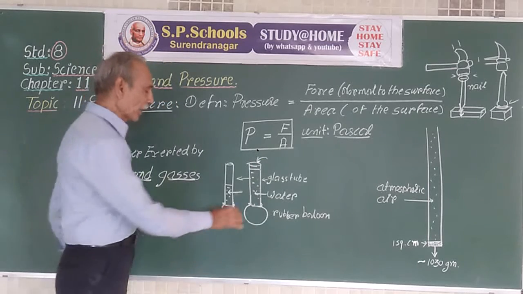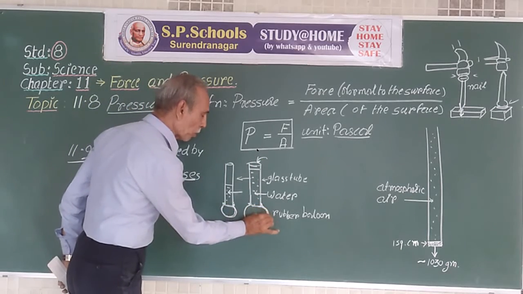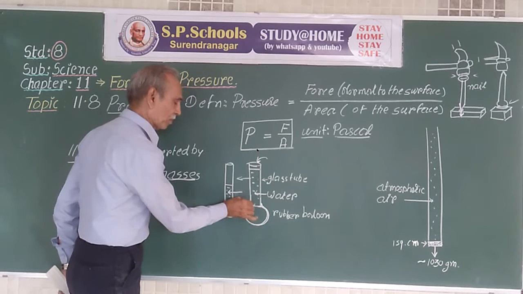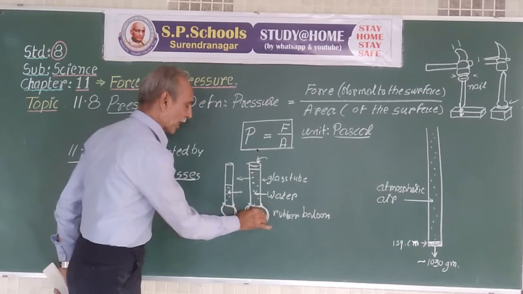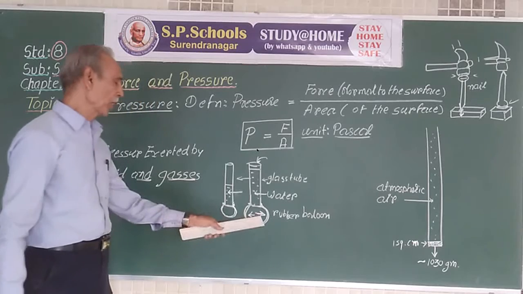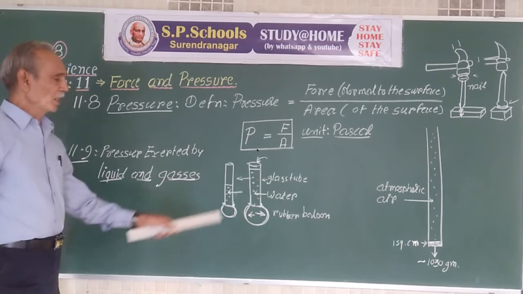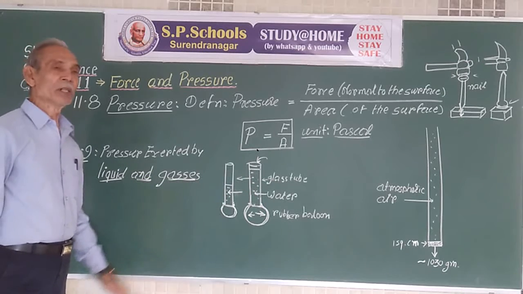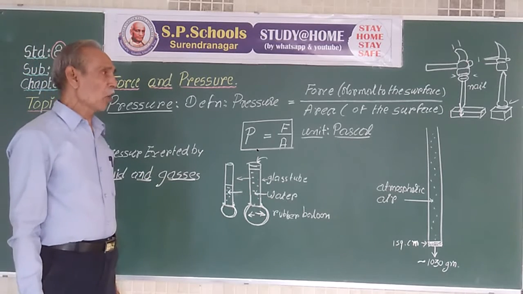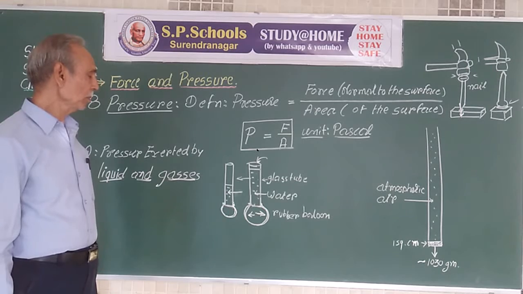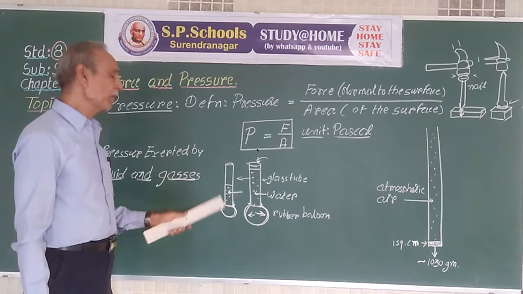You will find that the balloon bulges more because a larger pressure is exerted compared to the previous case. Thus, liquids create pressure on the surface in which they are kept.